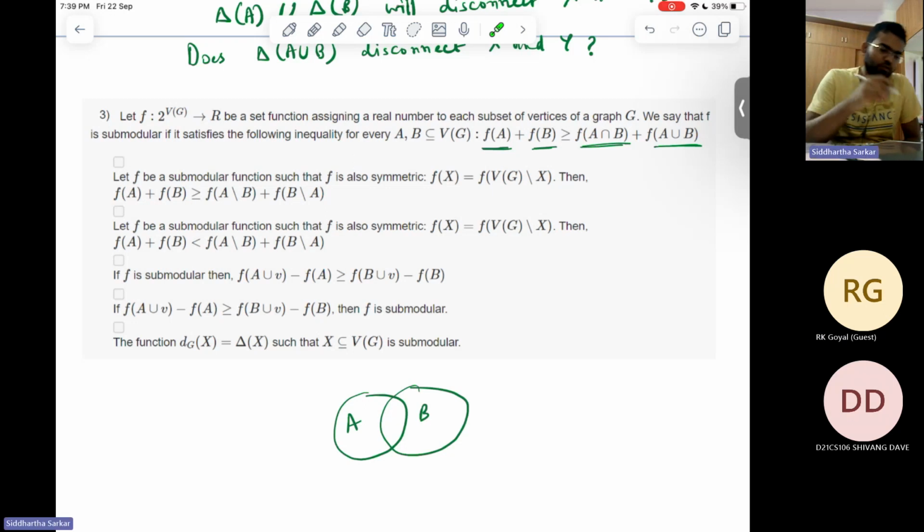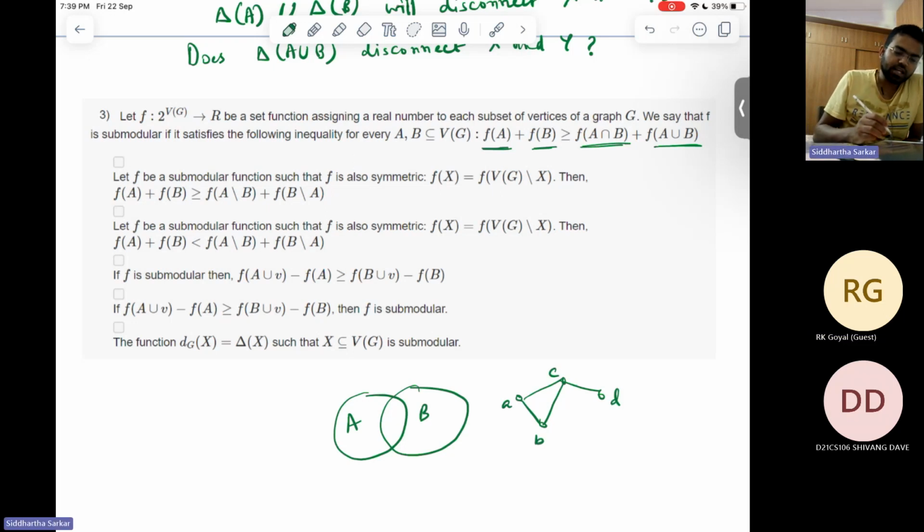To A. So for example, let us say this is our graph, with vertices A, B, C, D. Consider any subset of the vertices. Let us say A is equal to {A, B} and B is equal to {A, C, D}. f of A has a particular value. Let us say f of A is, I don't know, maybe 0.53.